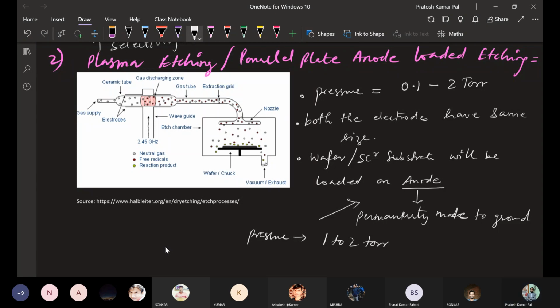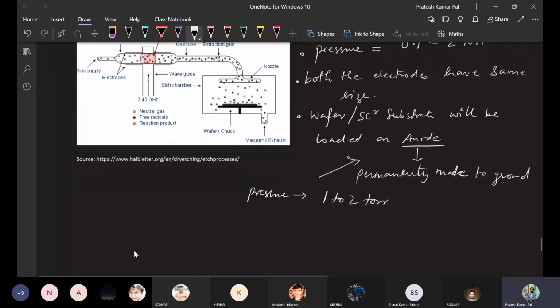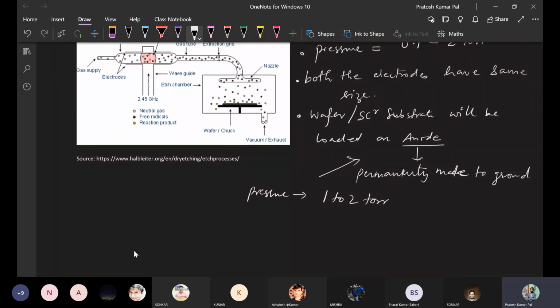Okay, and it will be powered by an RF frequency. The common frequency that is used is RF frequency, that is 13.56 megahertz.